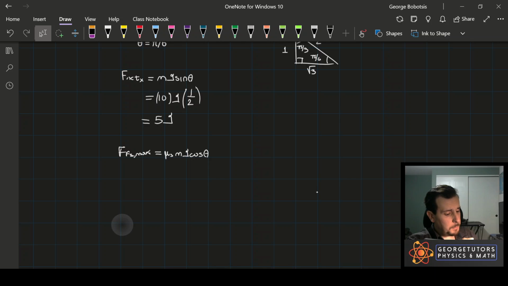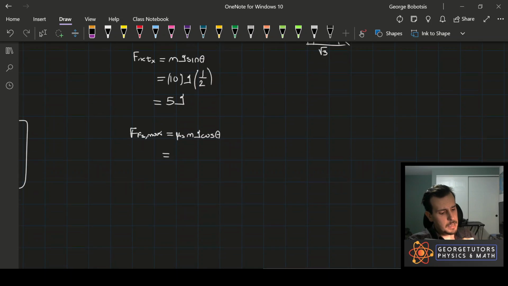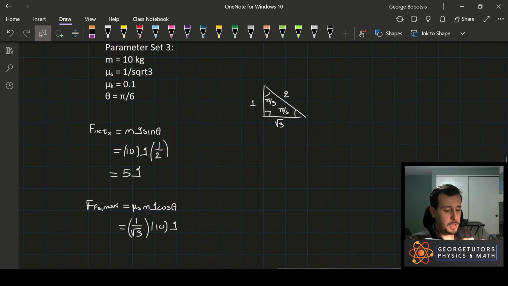Now, at the bottom for the friction, if we use the actual coefficient, which I've given over here in terms of a square root, this is around 0.5 something if you simplify it as a decimal. But if I use it in terms of an actual rational number, and I plug in the mass, which is again 10, and then gravity, which I leave as a constant, and then the cosine of pi over 6.